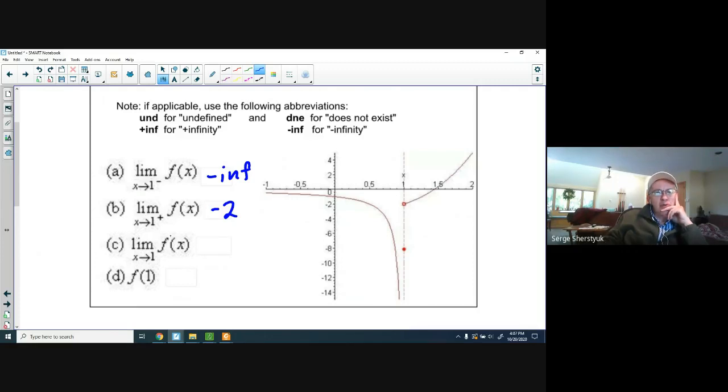So what's the overall limit? Since there's no consensus between them, they're not in agreement, the limit does not exist, D and E. And f at 1, the actual point is right there. It looks like -8. Okay, next one.